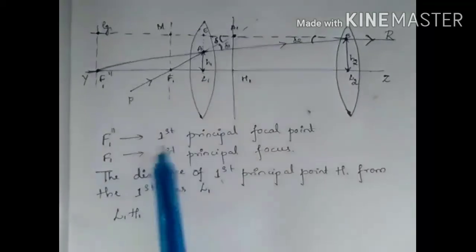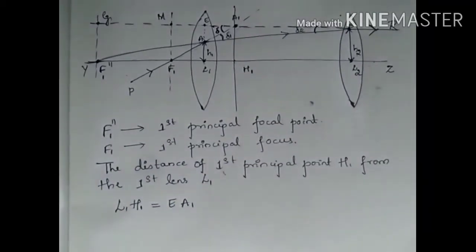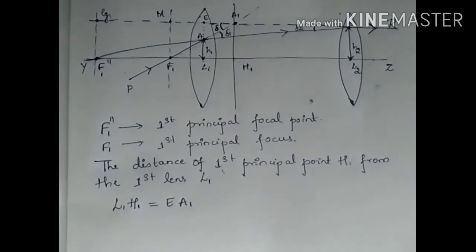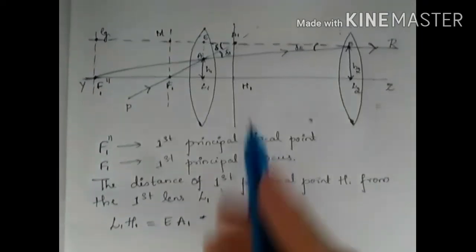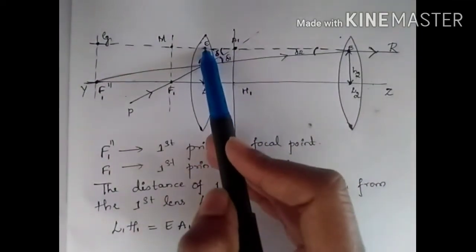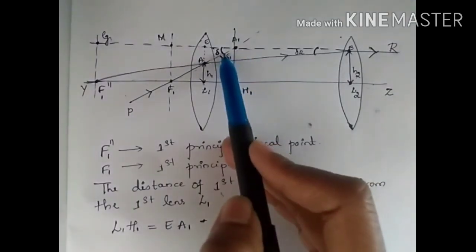So L1 H1 can also be written as EA1. So you have to find EA1 as well. And there is an angle that is delta here.